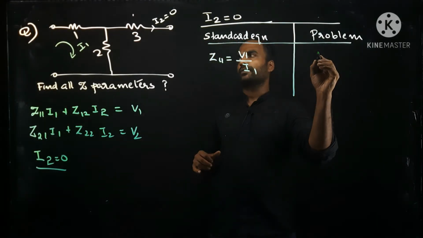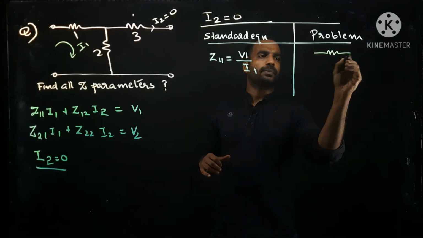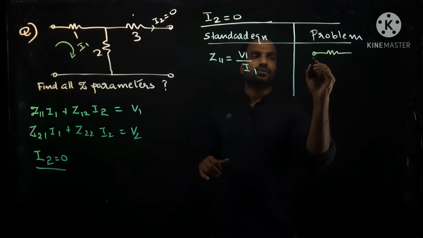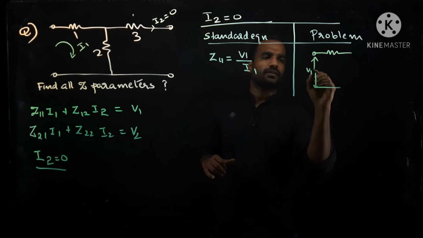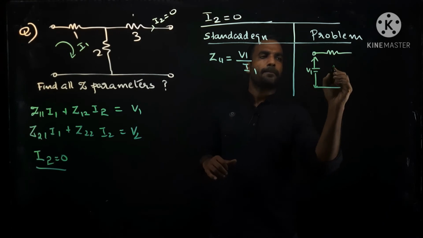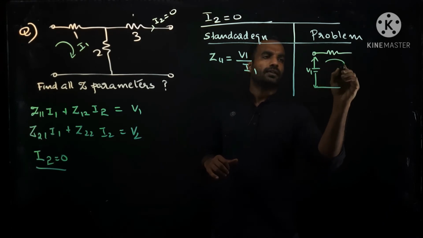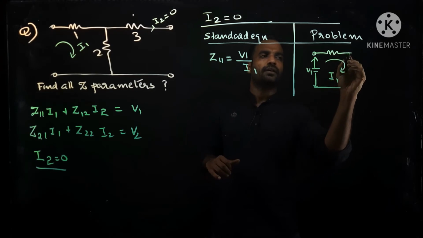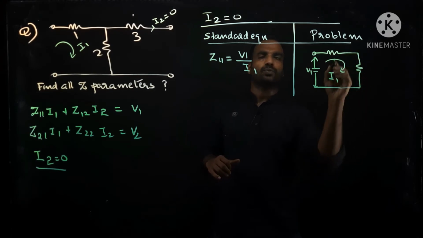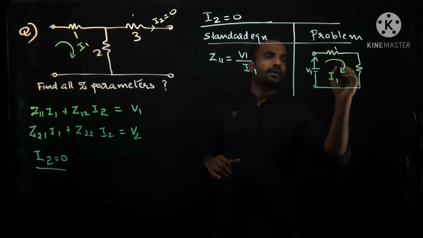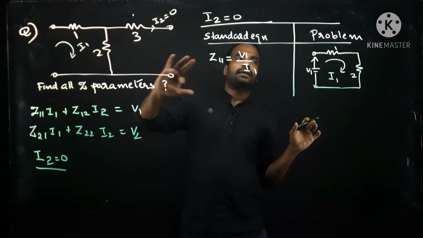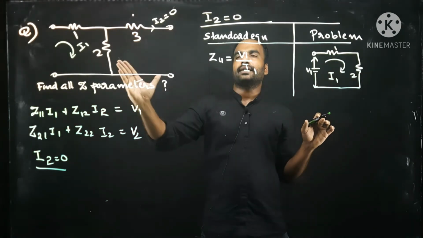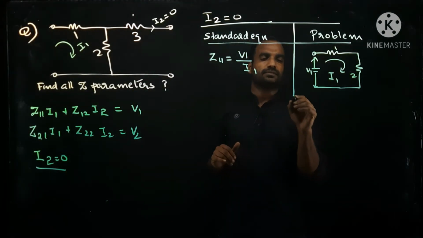I will draw it here. When I2 is equal to 0, this will be the circuit. V1 is connected and current will be I1. The other area will not exist because no current is passing through this resistor. I can eliminate this area. So this is the circuit.